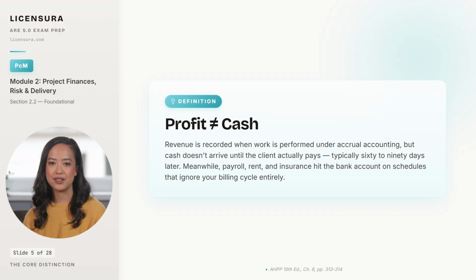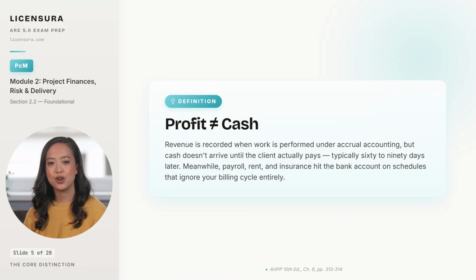Under accrual accounting, which every firm above a sole proprietor uses, revenue is recorded when the work is performed, not when the client pays. So the income statement shows the firm earned $100,000 the week the project work was done, even though no money has changed hands. The same accrual logic governs expenses. Payroll is recorded when employees earn it, not when checks clear.